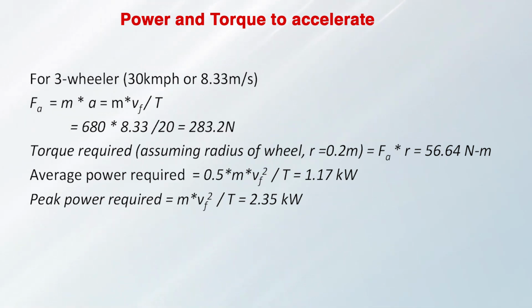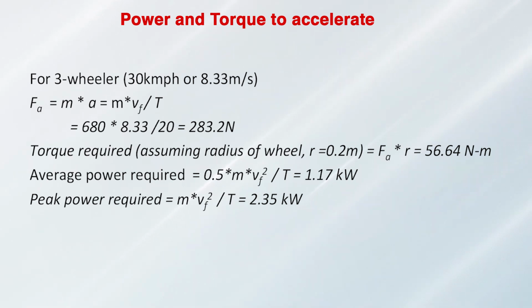If it reaches 100 kilometers per hour in some 5 seconds, it cannot reach 100 kilometers per hour with the same power in 5 seconds if the mass is increased. If you wanted to reach the same 100 kilometers per hour in 5 seconds with a 150 kg person sitting on a two-wheeler, then you need more peak power.